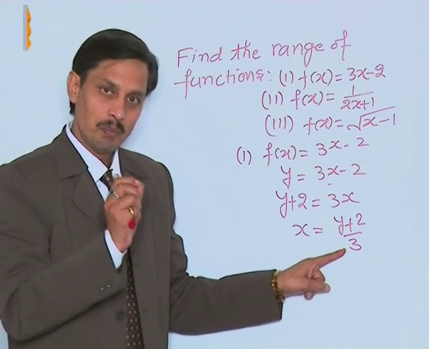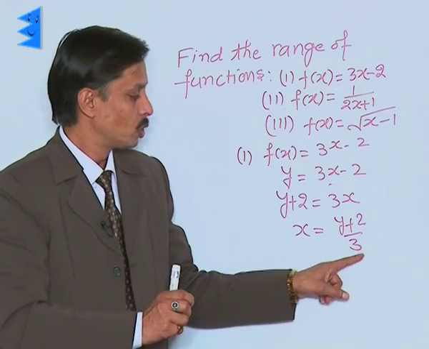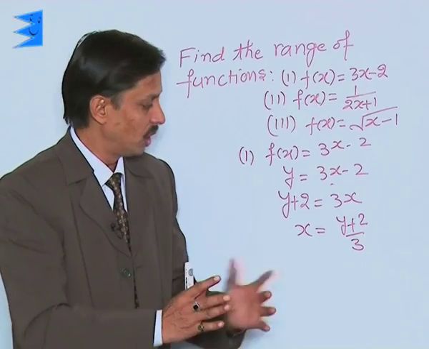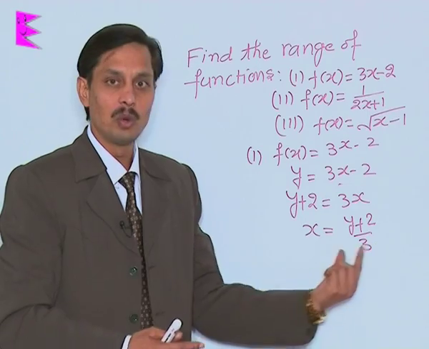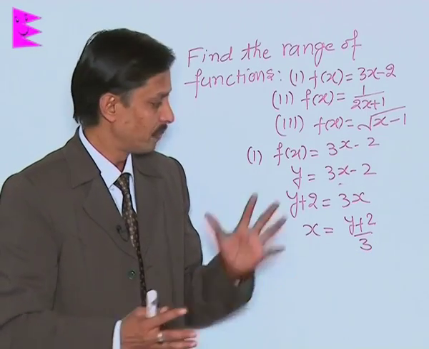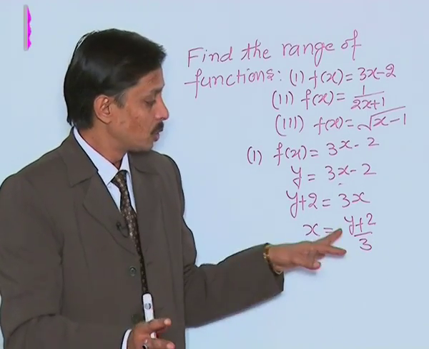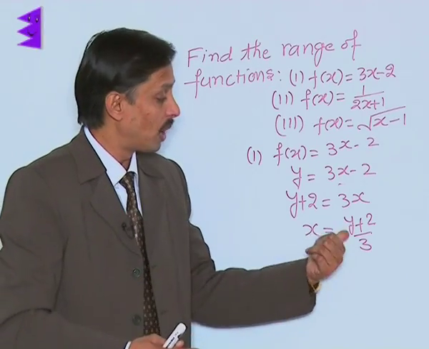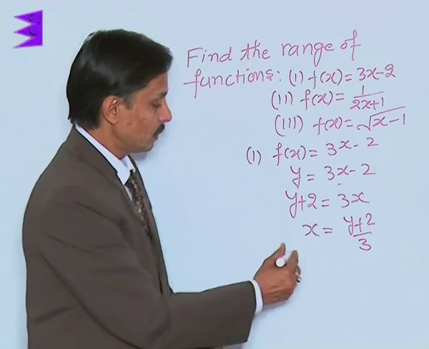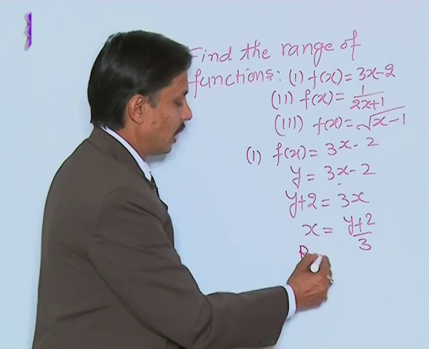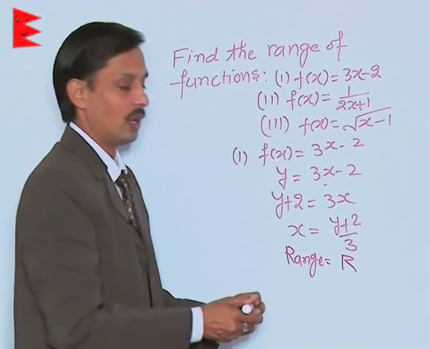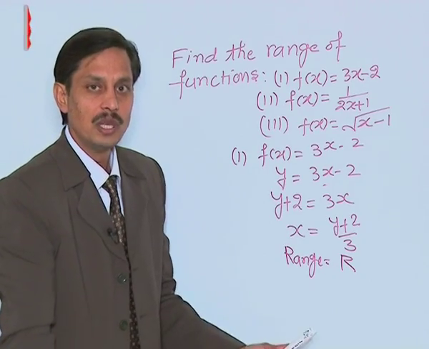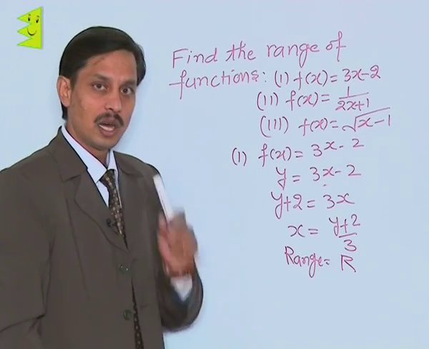It is 3, and will always remain 3. So we need not think about whether the denominator can sometimes be 0. It is not. There is no square root sign, so any value of y can be obtained. So we can say the range of the function is any real value. That is, we simply represent it by R.